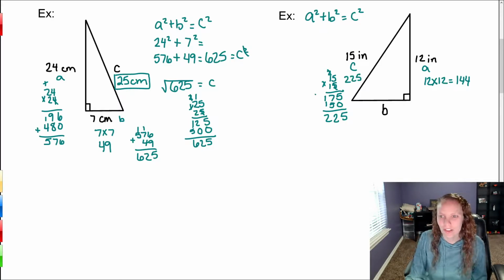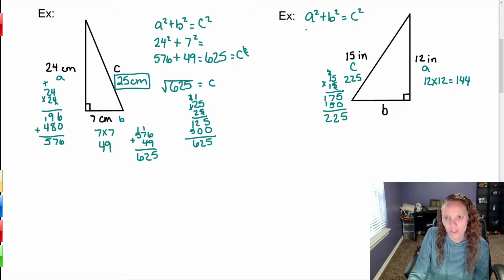Now let's plug in the information that we know. So a squared is 144 because we took a and we squared it. B squared, we don't know, but we do know c squared is 225.